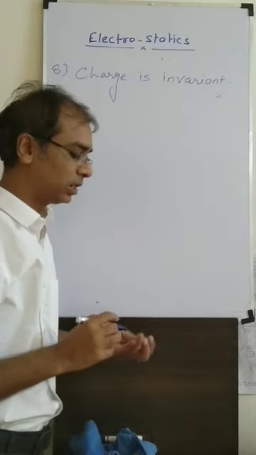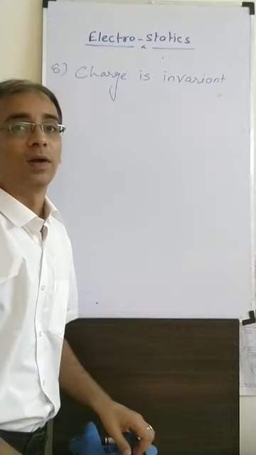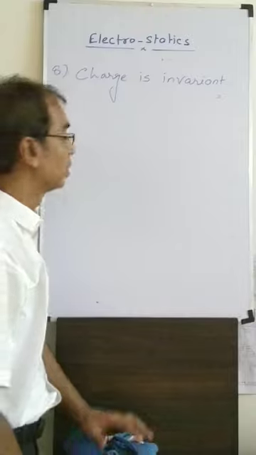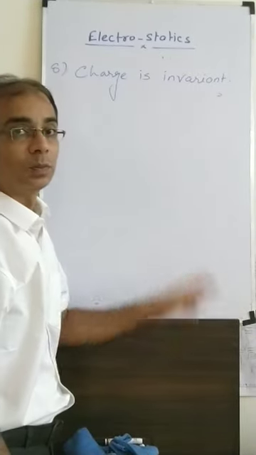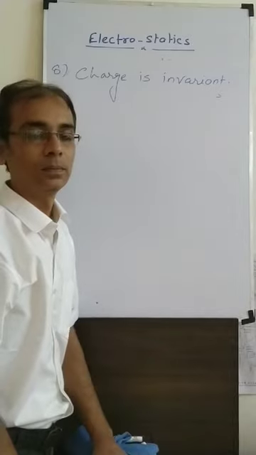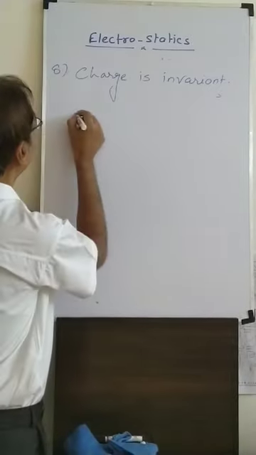There are charges that we are going to see in quantum physics where the charge is moving with a speed of 1/10 of the speed of light or 1/100 of the speed of light. So when charge moves with a speed comparable to the speed of light, it doesn't change. It doesn't vary.